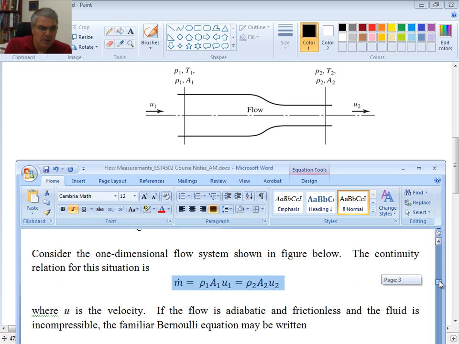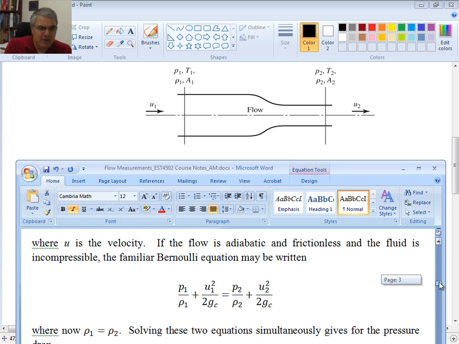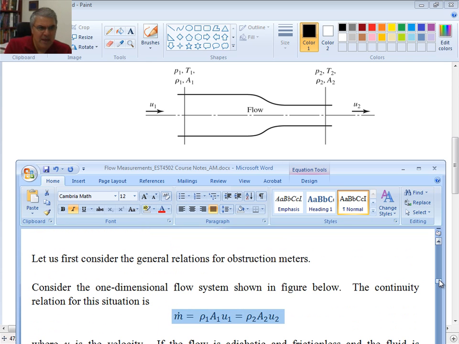If we expand that equation, U would be the same as the V that we just discussed. So it could be V1 U1 or V2 U2.